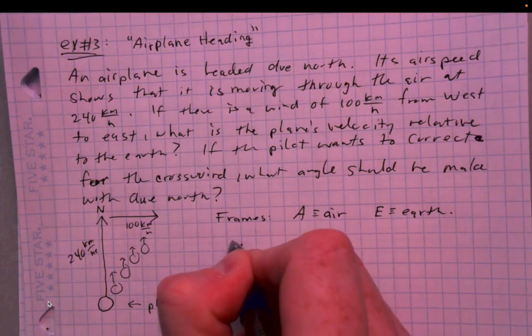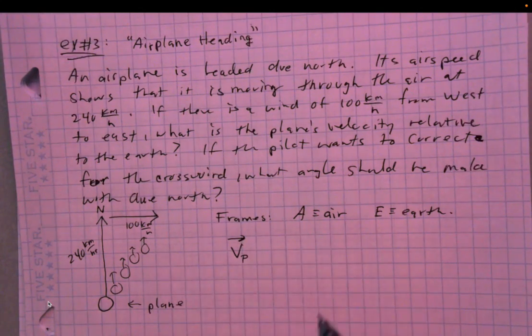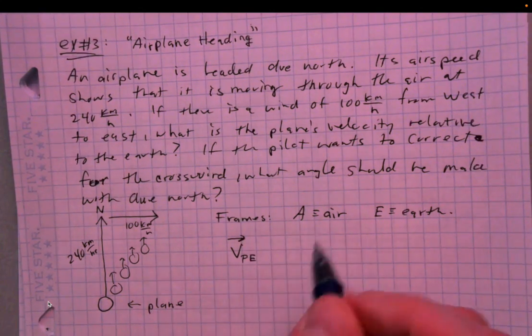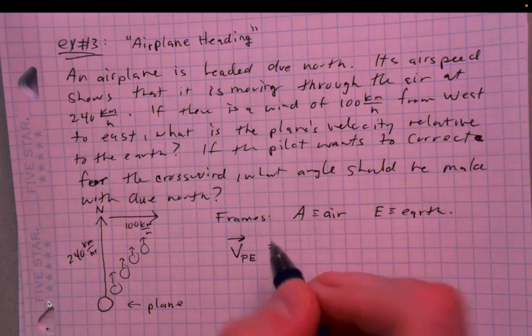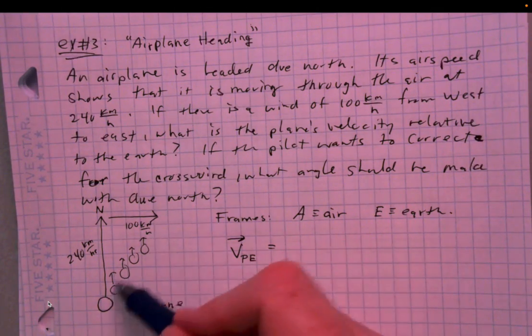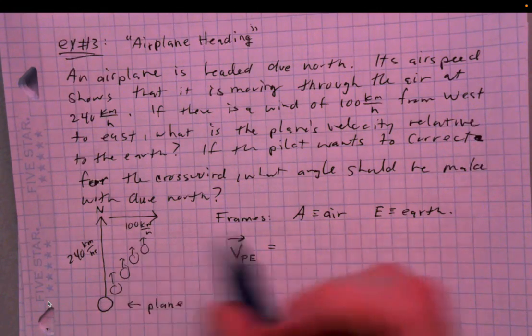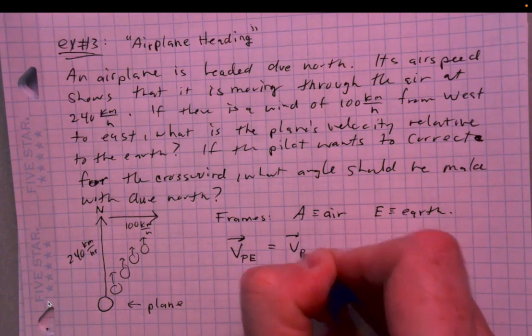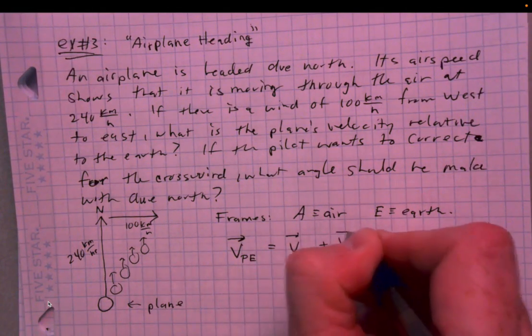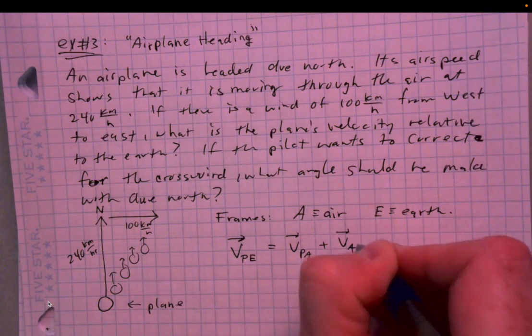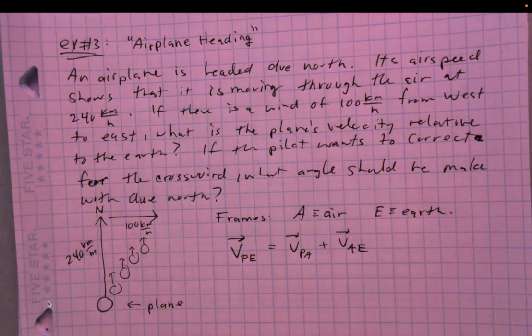Well, in this case, it'll be the velocity of the plane relative to Earth. That's what we're interested in. That's going to be equal to the velocity of the plane relative to air plus the velocity of the air relative to the Earth.